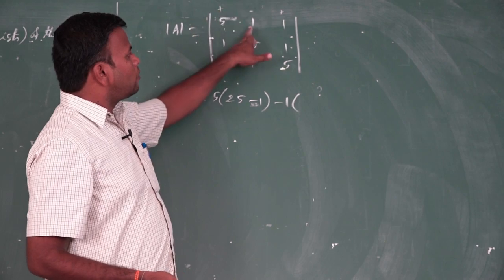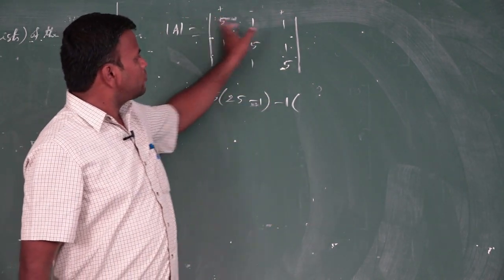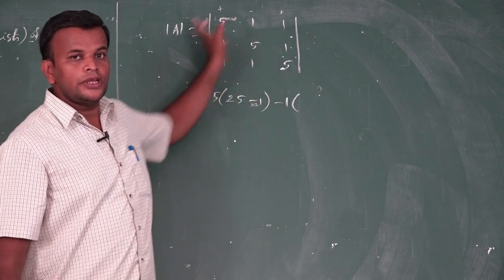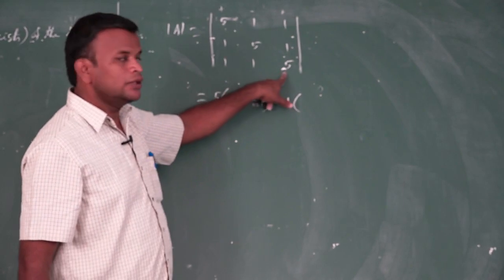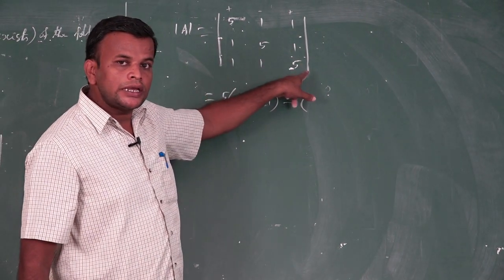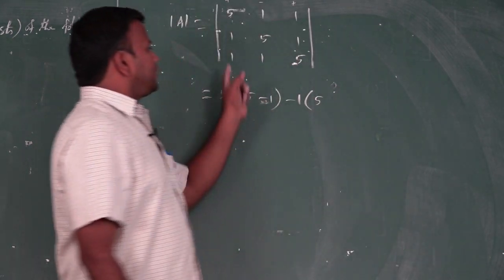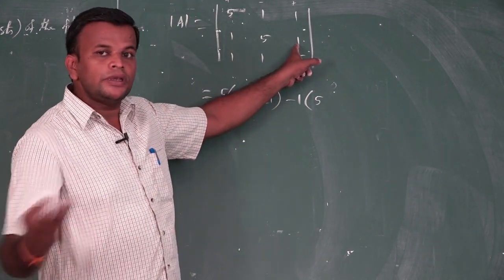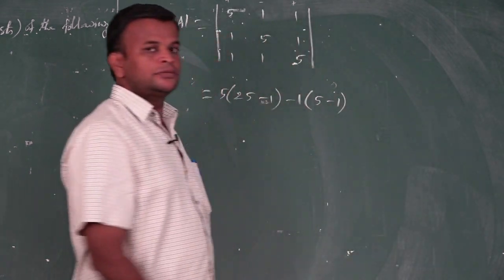We leave the first row and second column. The remaining elements are 1, 1, 1, 5. First we multiply the leading diagonal elements: 1 five is 5. Next we multiply these two elements with a minus sign: minus 1.